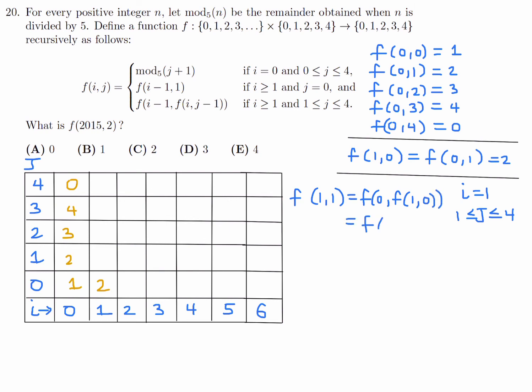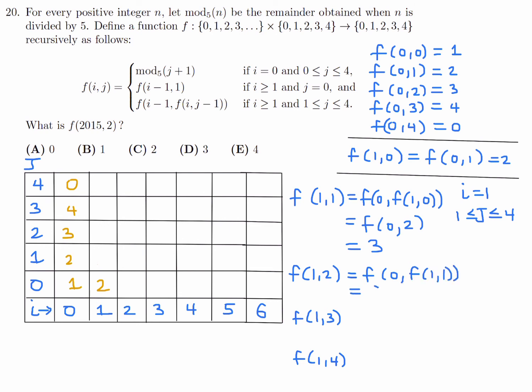And that becomes f at 0. F at (1, 0) is 2, so that becomes f at (0, 2), and f at (0, 2) is 3. So we put it. Next one is f at (1, 2), and that is f at 0, f at (1, 1), which would be f at (0, 3), and that is equal to 4.